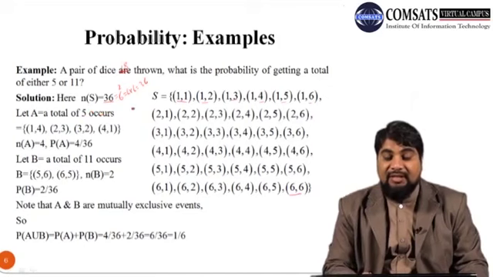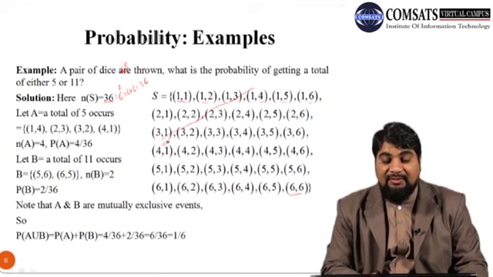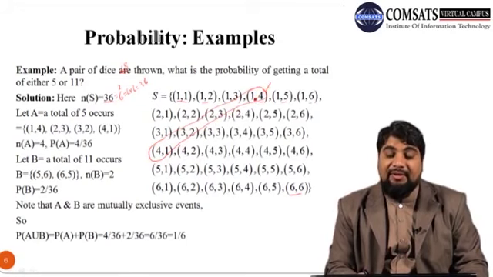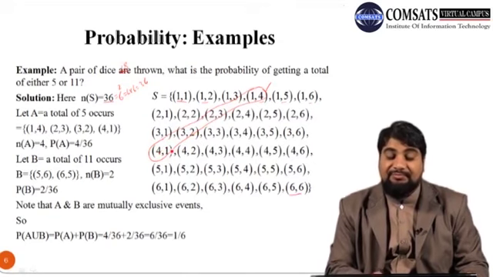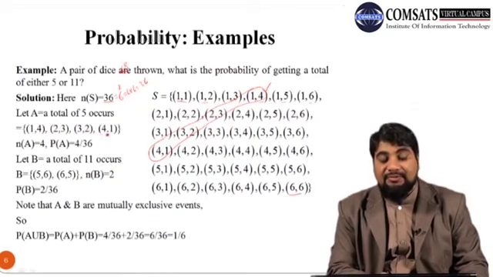Just pick those ordered pairs where the total of the numbers on both dice is 5: 1 plus 4, 2 plus 3, 3 plus 2, and 4 plus 1. So we get (1,4), (2,3), (3,2) and (4,1).